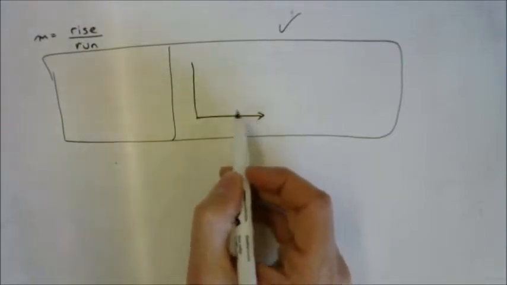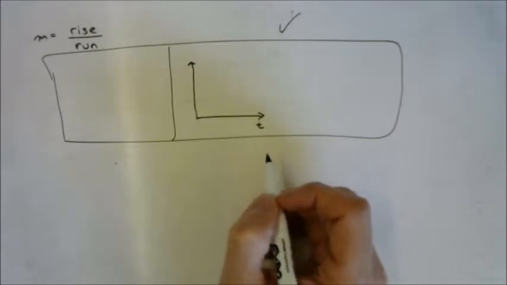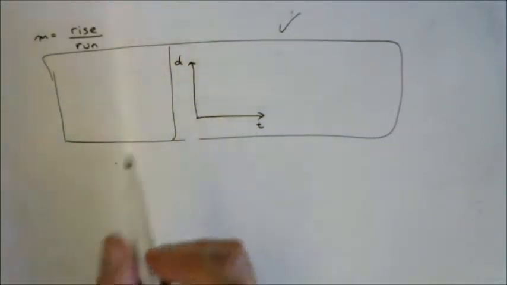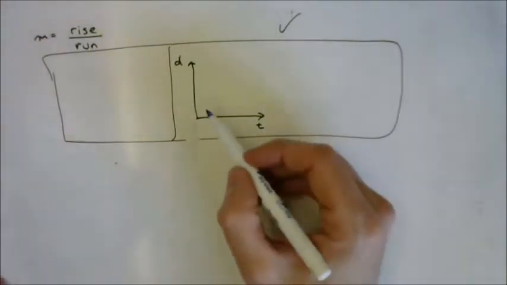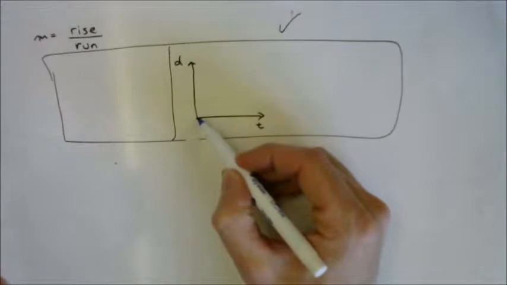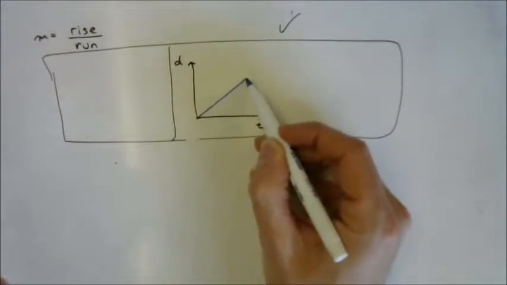If you have a time distance graph, where time is the independent variable and distance is the dependent variable, and you have a person or a car or a cheetah or whatever, and it's traveling at a constant rate, then over time it will cover more distance.